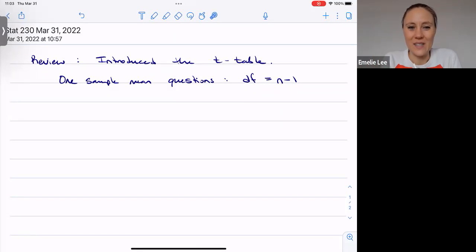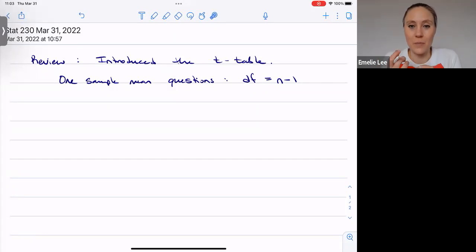It's a little bit above our level here, so we just skip it. I want you to just remember that the degrees of freedom is n minus 1, and then we use that. And we don't really think too much about it, right?